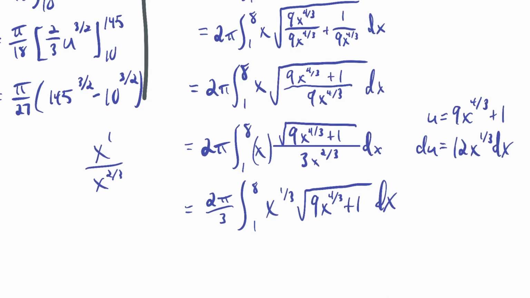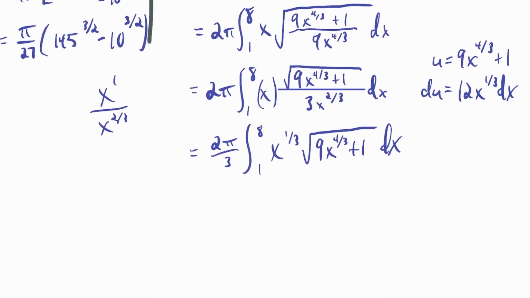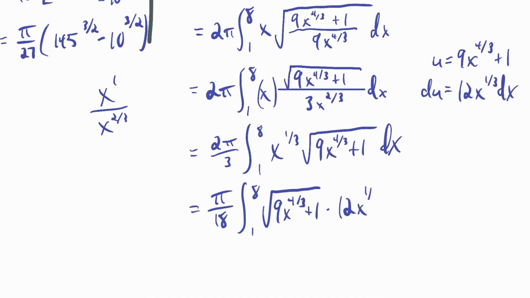Okay. So I'm going to group the x to the 1/3 with the dx, and I'll have to borrow a 12 from somewhere. So this is going to be pi over 18. Does that seem familiar? Times integral from 1 to 8 of the square root of 9x to the 4/3 power plus 1 times 12x to the 1/3 power dx.